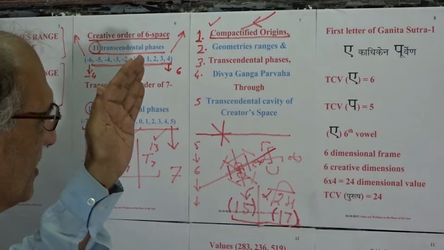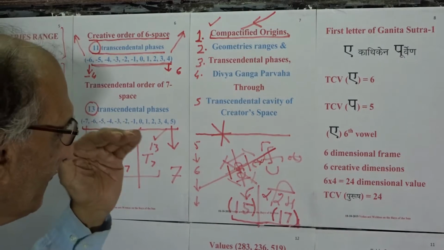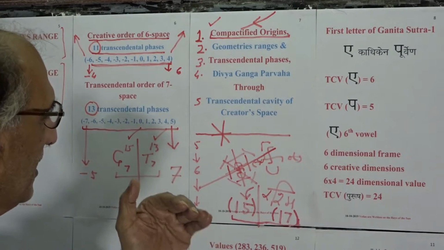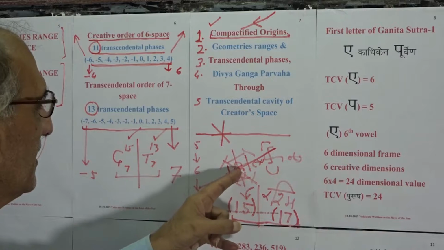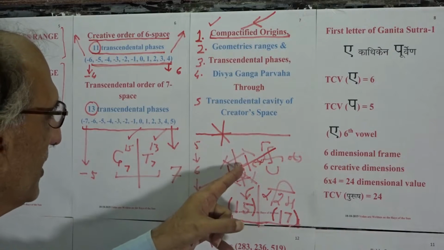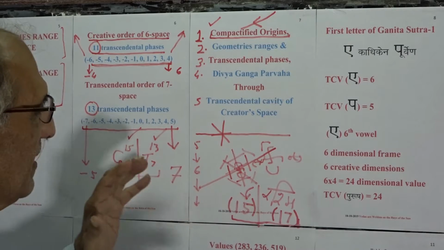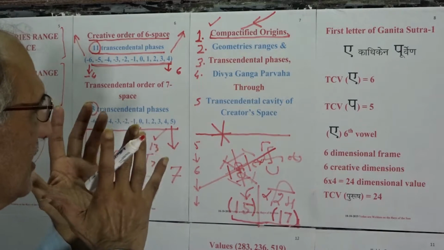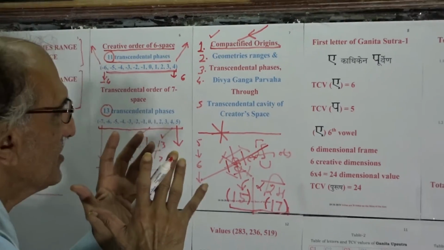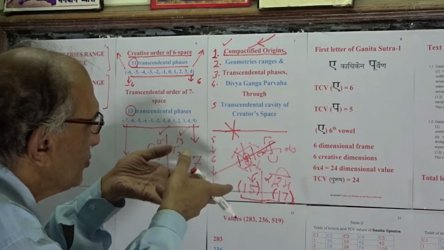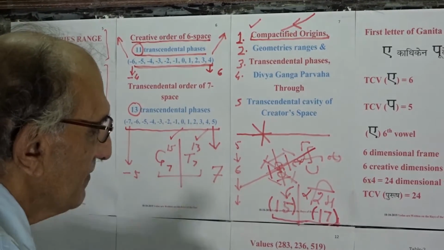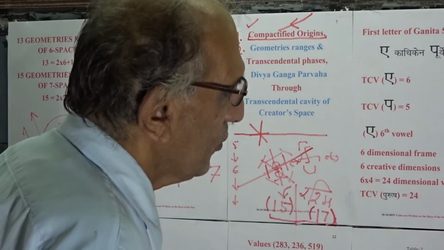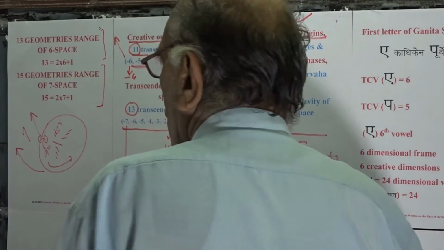The transcendental boundary of self-referral domain with transcendental origin of the creator's space, which is playing the role of a dimension of 6 space, brings us face to face with what is to be comprehended and what is to be glimpsed by us, and how the present focus, the chase Focus-2, is the focus of the transcendental boundary.